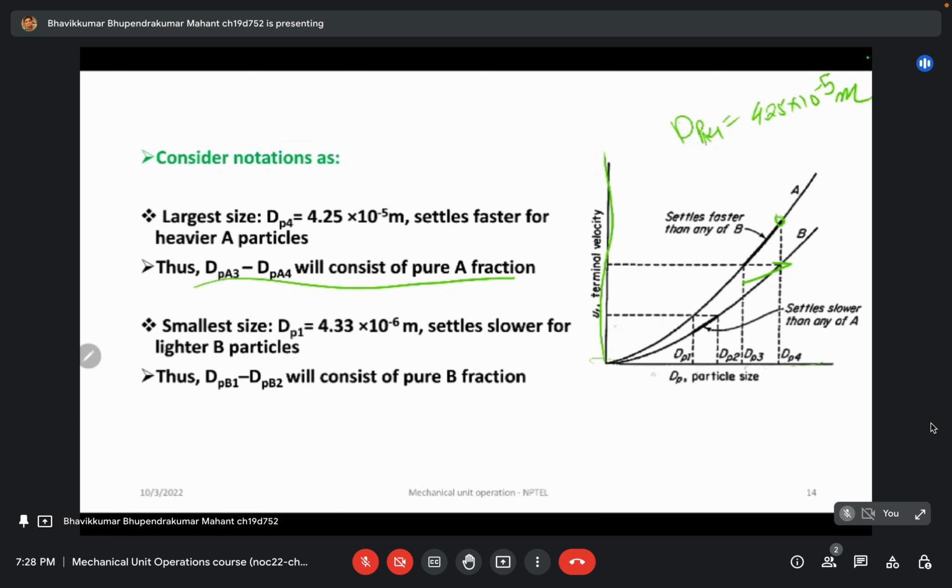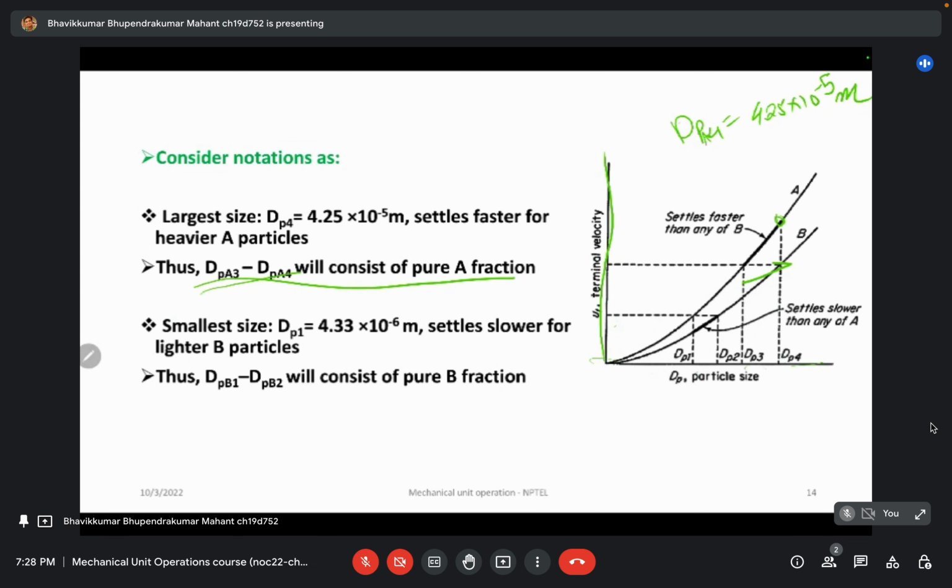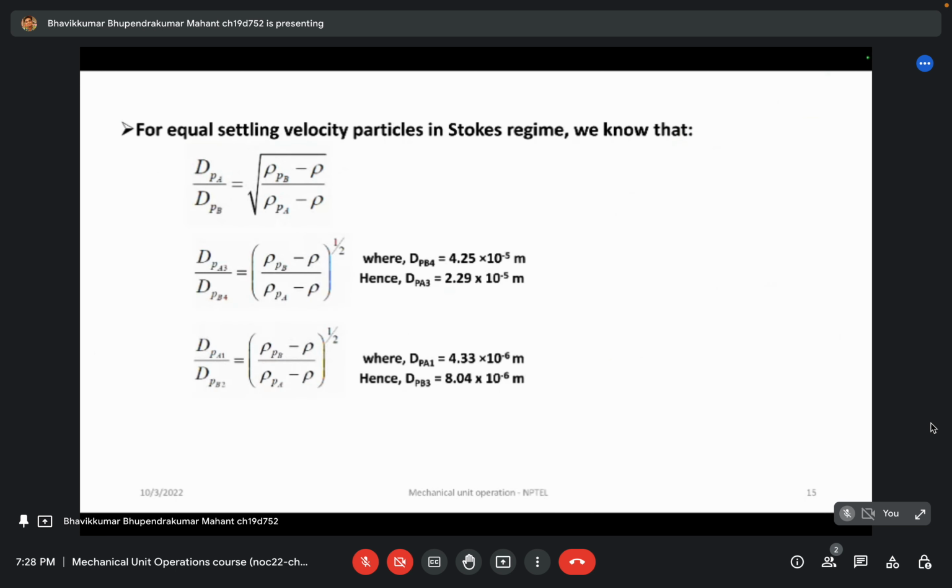We consider this for b, so dpb1 minus dpb2 will consist of the pure b fraction. Now we have to find dpa3 by dpa4 and dpb1 by dpb2, which you can consider as the smallest volumetric fraction and the highest volumetric fraction.